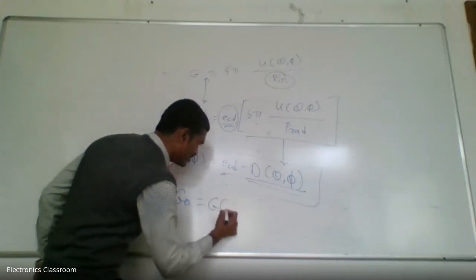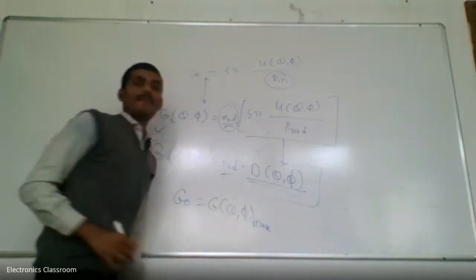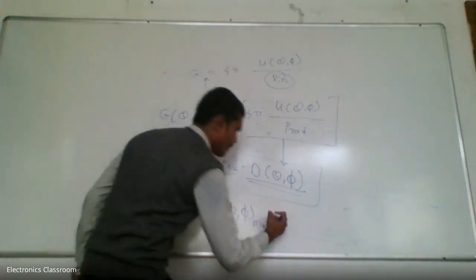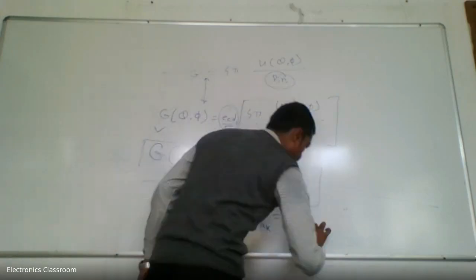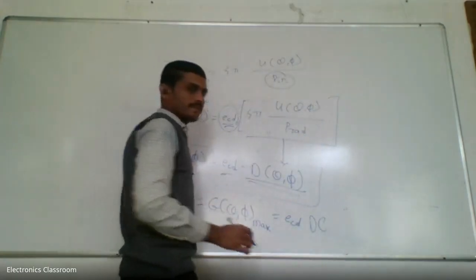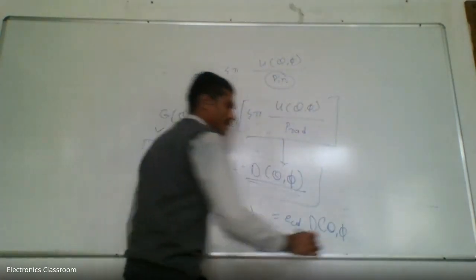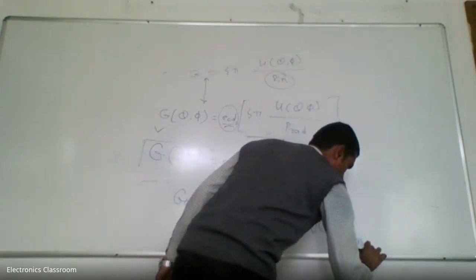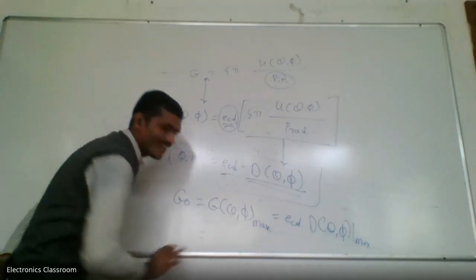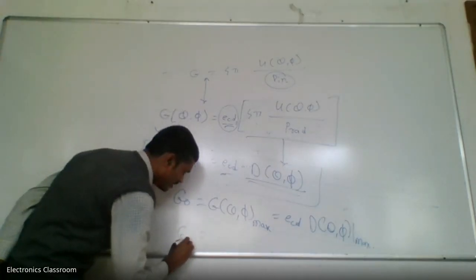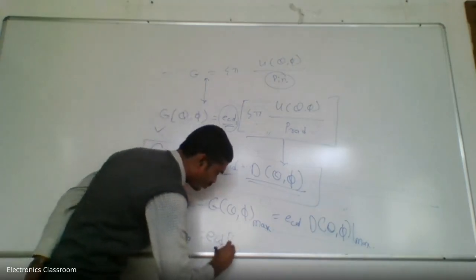It can be written as G of theta comma phi maximum, that is ECD into D of theta comma phi, and this directivity should be maximum. Once again, it can be written as G0 is equal to ECD into D0.